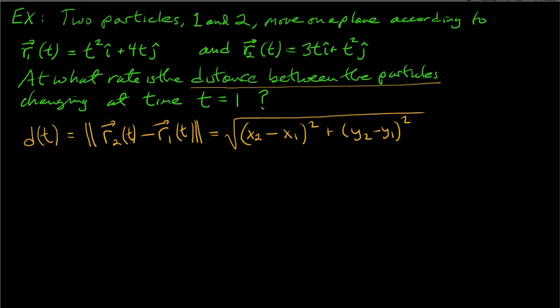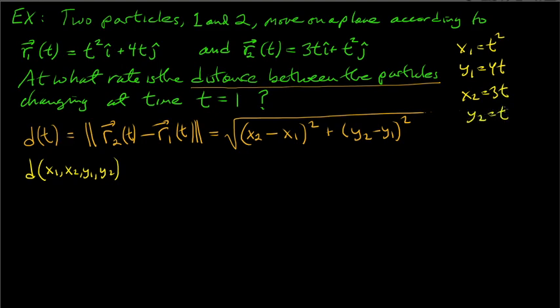So what that means is d here is going to be a function of x1, x2, y1, y2, not necessarily in that order. And maybe we should be clear here: x1 is just t squared, y1 is 4 times t, x2 is 3 times t, and y2 is t squared.